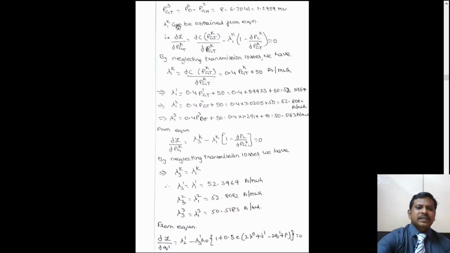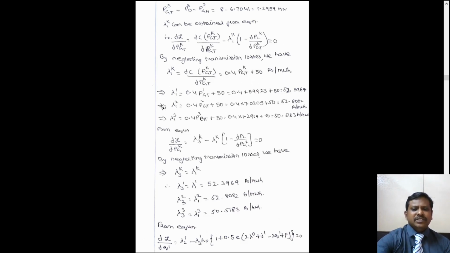So now we have to consider lambda 1, right? Lambda 1 is obtained again by considering the Lagrangian multiplier, dou Lagrangian by dou power generated by the thermal power plant, which is equal to the main objective function minus its constraint. So here lambda 1 is nothing but 0.4, this equation: lambda 1 k is equal to 0.4 PGTk plus 50, right?